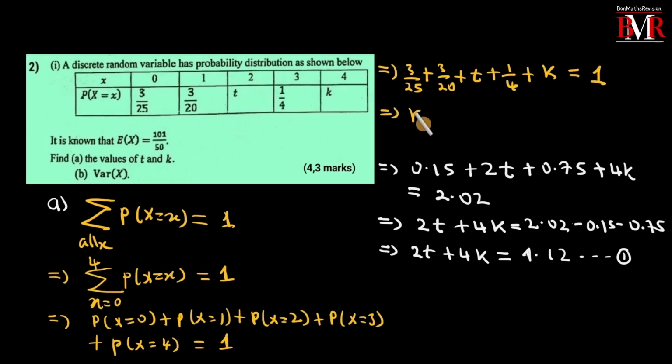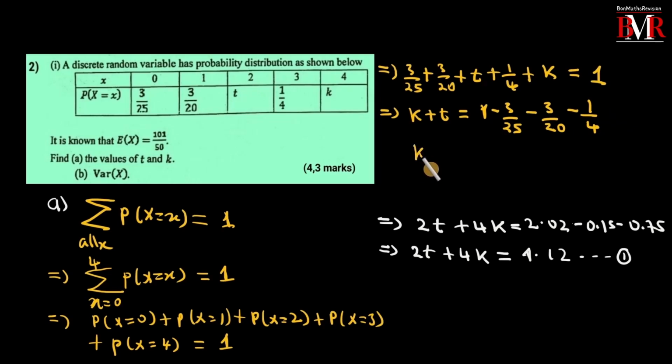That means k plus t is equal to 1 minus 3 all over 25 minus 3 all over 20 minus 1/4. Since 3 over 25, when it goes to the other side of the equal sign, it becomes negative. This one goes to the other side of the equal sign, it becomes negative. The same for 1/4, it crosses the equal sign, it becomes negative.